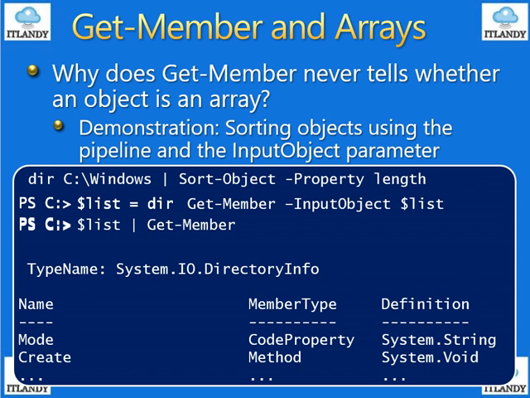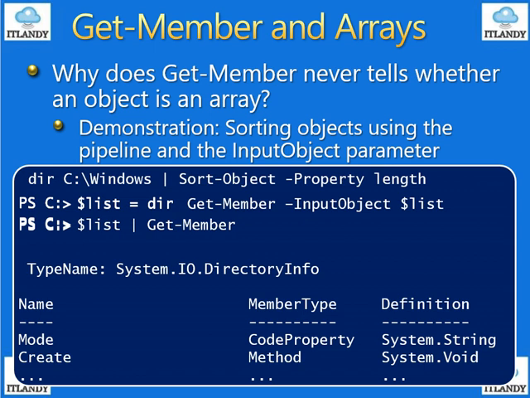For example, you pipe multiple process objects from the Get-Process command to Get-Member, but PowerShell will send each process object one at a time to Get-Member. Then Get-Member will display the .NET class type of the process object.